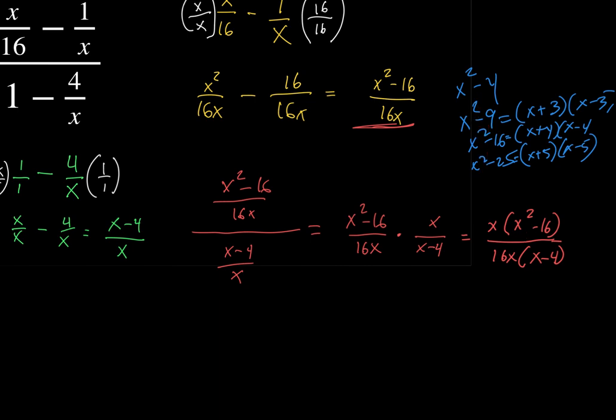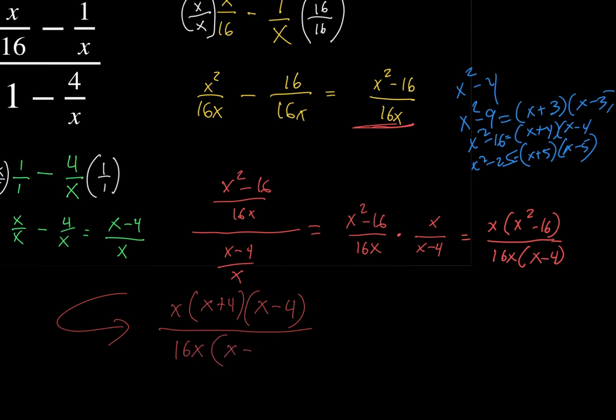So the numerator here, we'll go down to another row, will be x times x plus 4, x minus 4. In the denominator, 16x times x minus 4. So now I've combined all of my fraction into one fraction, and then I factored everything.